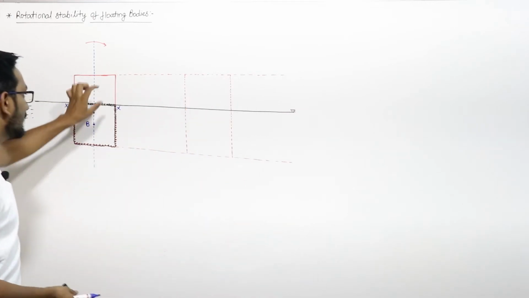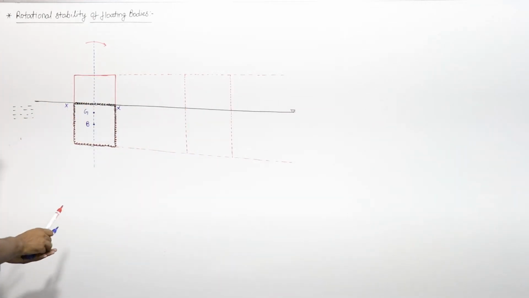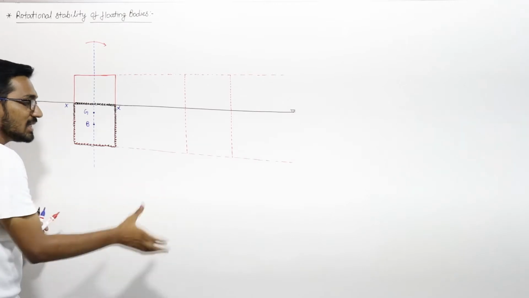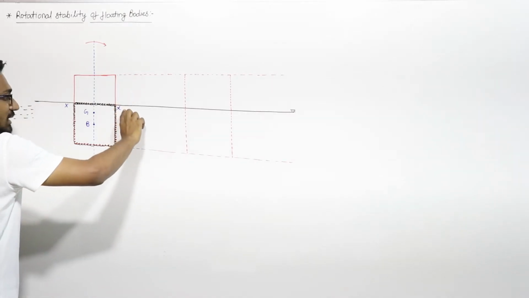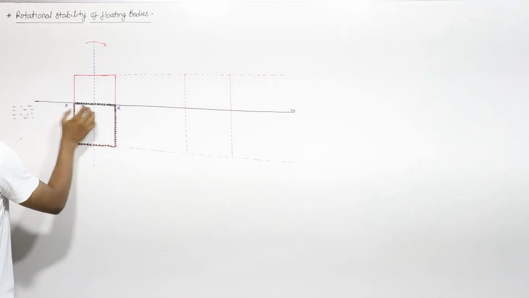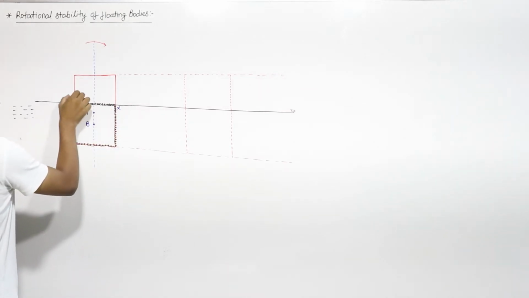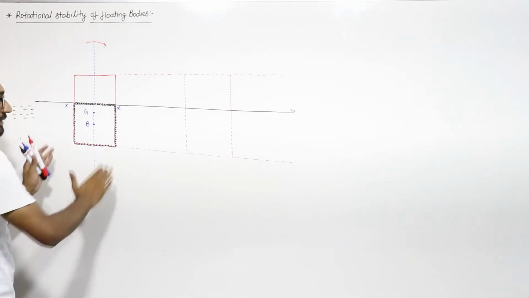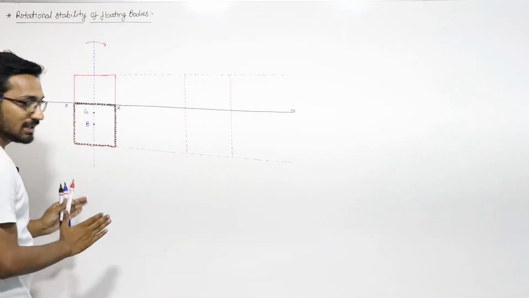Initially, let us say they are 5, 5. After some time we can say that when you tilt it, instead of 5, 7 meter is inside the water, and here 7 meter is outside the water. It will tilt like this.